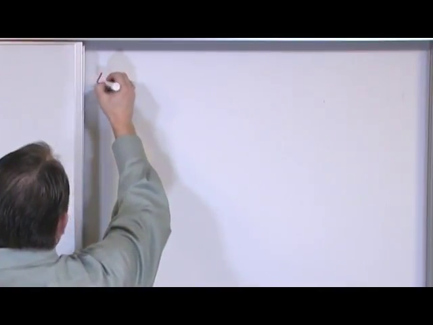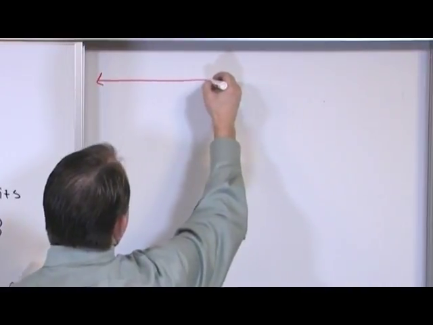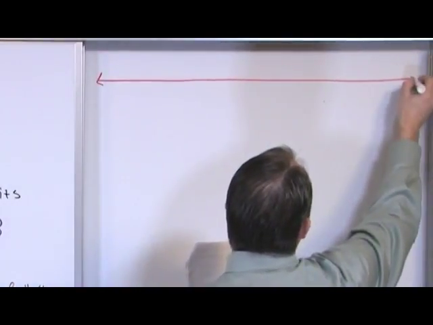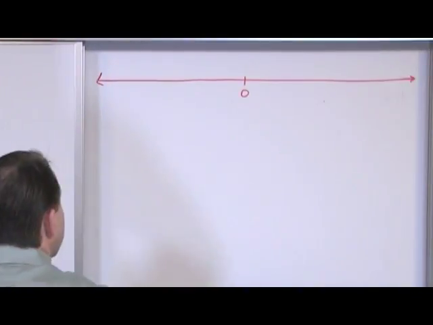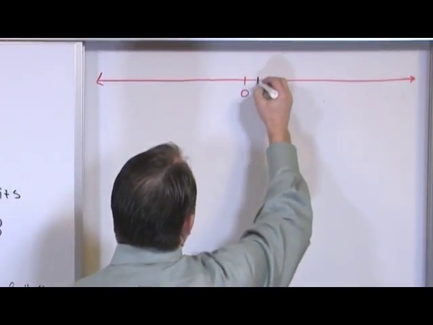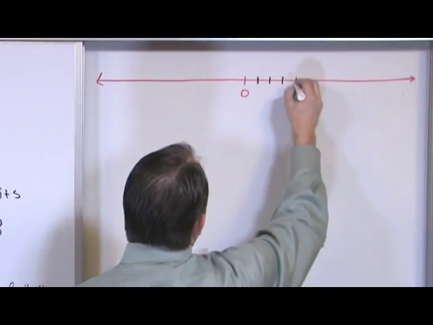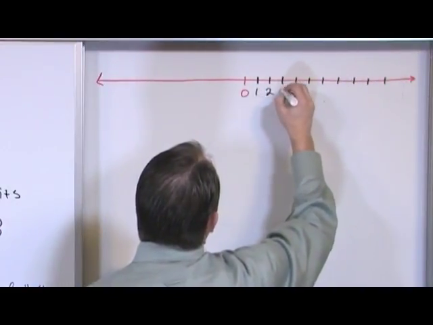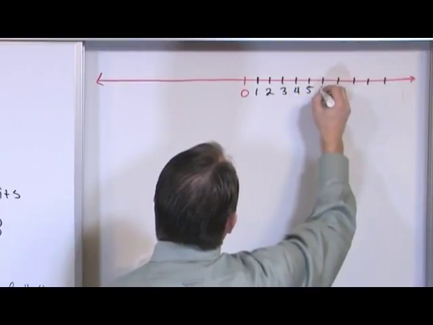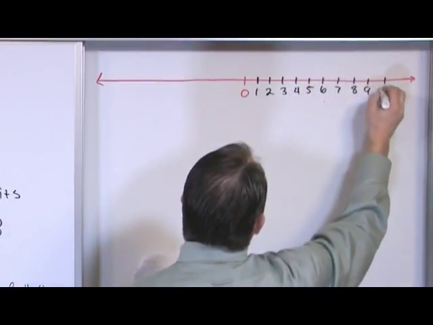Let me draw first a very long number line. So I'm going to start way over here, and I'm going to go all the way across, straight as I can, which I know is not very straight. And this is 0. Let's write them in black. We have 1, 2, 3, 4, 5, 6, 7, 8, 9, 10.